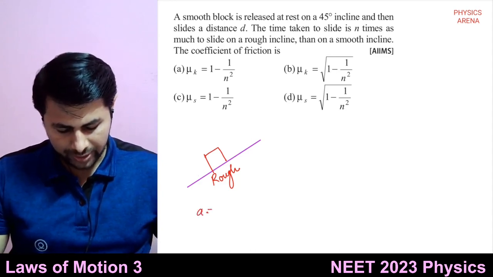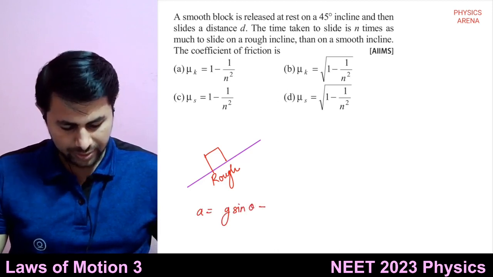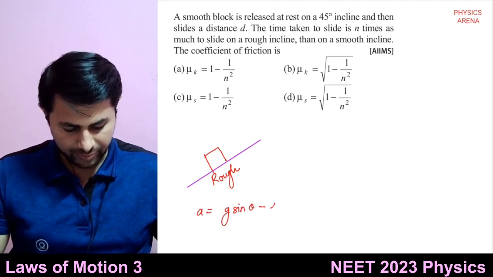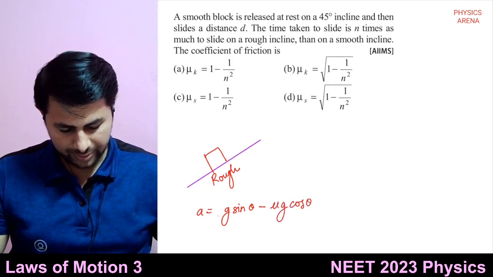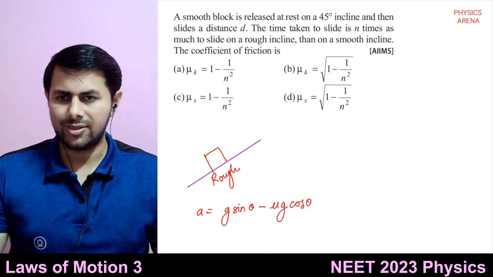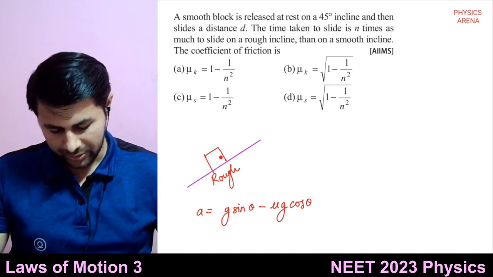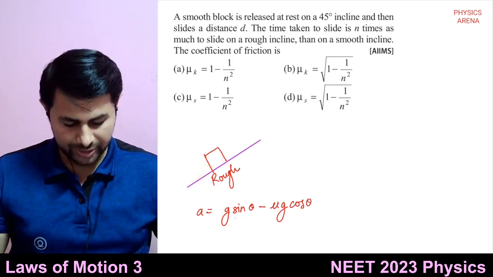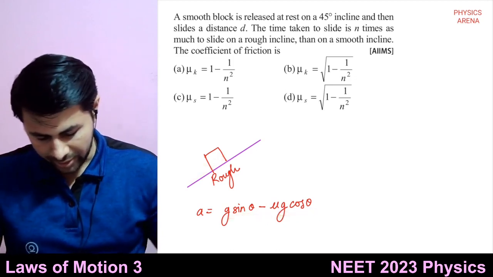We had found the acceleration in this case is g sine theta minus mu multiplied by g cos theta, right? Remember this. If there is friction and it is sliding, the acceleration will be g sine theta minus mu into g cos theta. So let's call it AR.